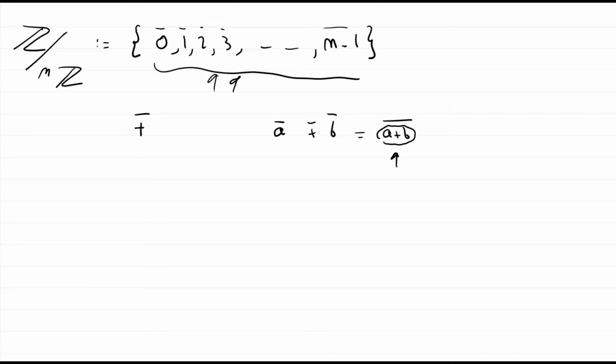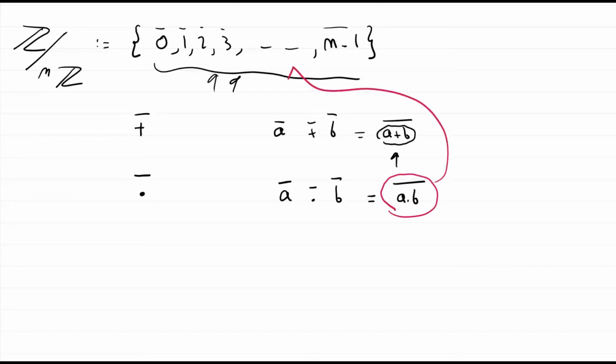And the same holds for the product. So I have the product of integers modulo n defined by a modulo n multiplied by b modulo n is just a times b, the usual multiplication, modulo n. And again, as for the plus, a times b modulo n is one of these elements, even if a times b is greater than n, because I can always subtract n's without changing the element.